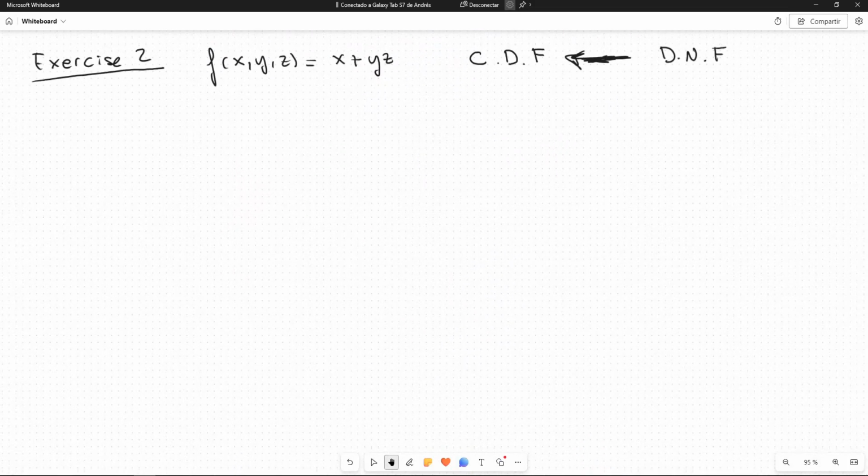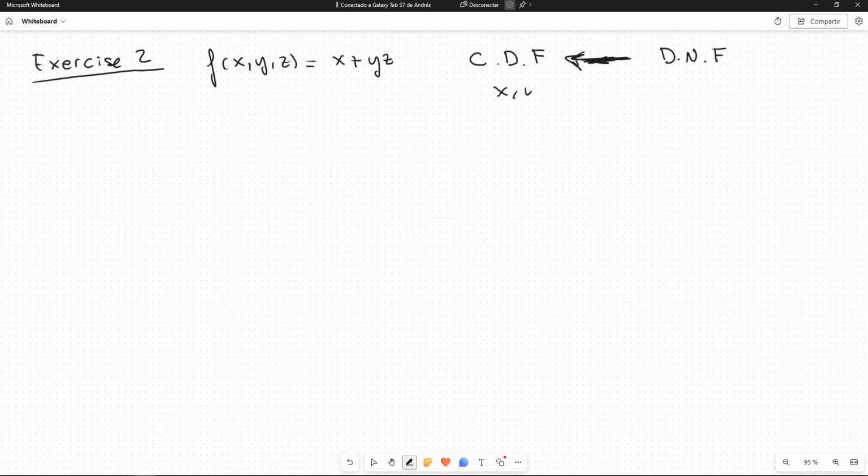What do we need to have the canonical disjunctive form? We need the minterms to appear. And the minterms are those product terms in which the three variables appear. So we are going to make some transformations, some algebraic manipulations using Boolean algebra, to have all the variables present in all the terms of the function.